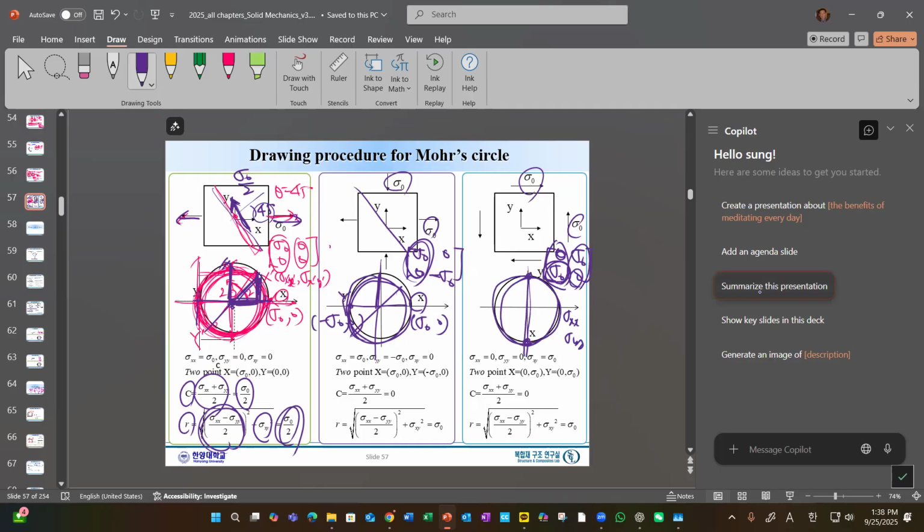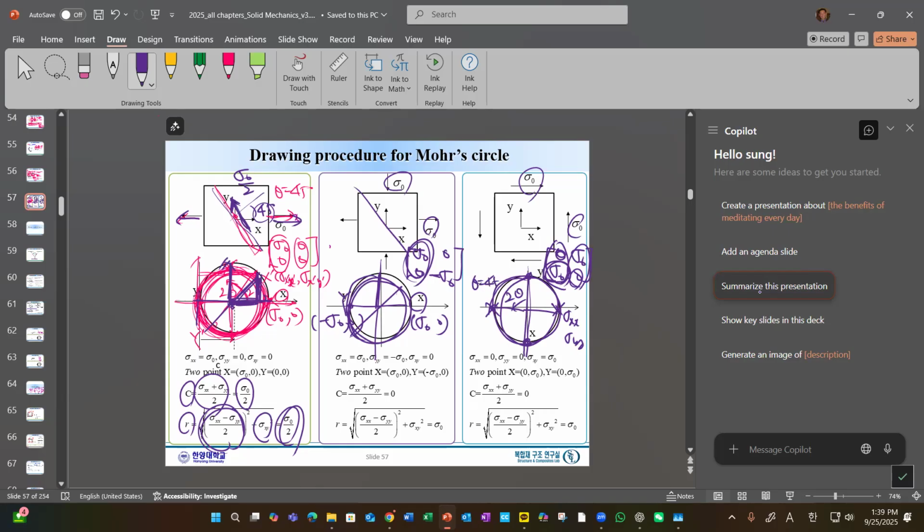See here, another similar observation: here and there, these are two very important points. And what is the maximum compression and maximum tension, which occur at theta equals 45.